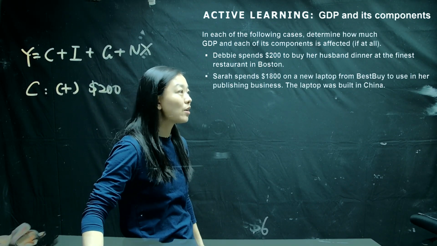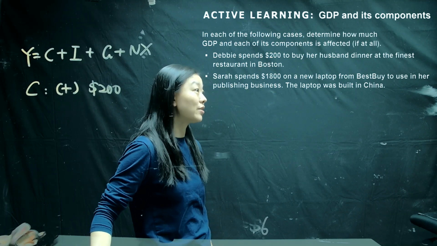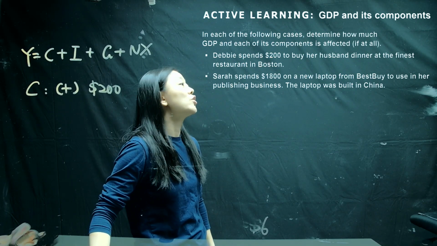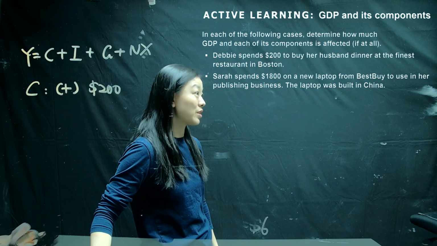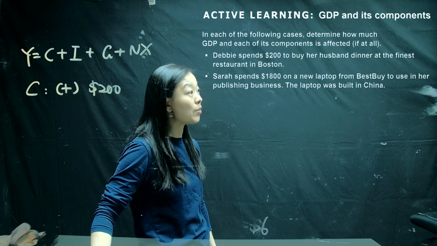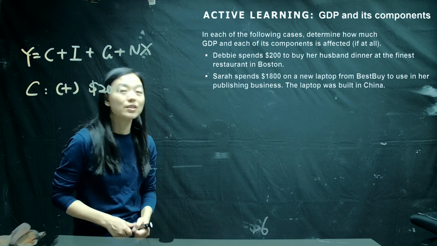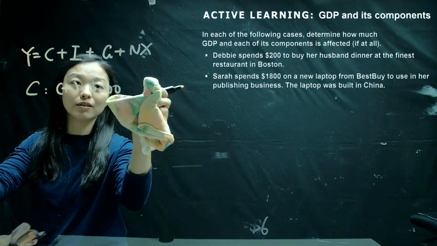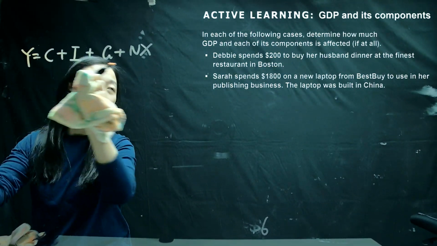Next one. Sarah spent $1,800 on a new laptop from Best Buy to use in her publishing business. However, that laptop was built in China. So look at this one. This is for our first question. Now let's look at the second question.